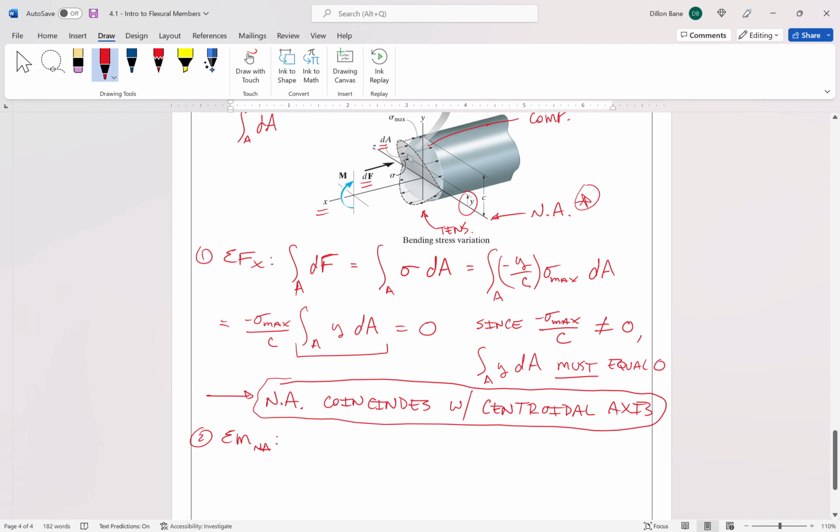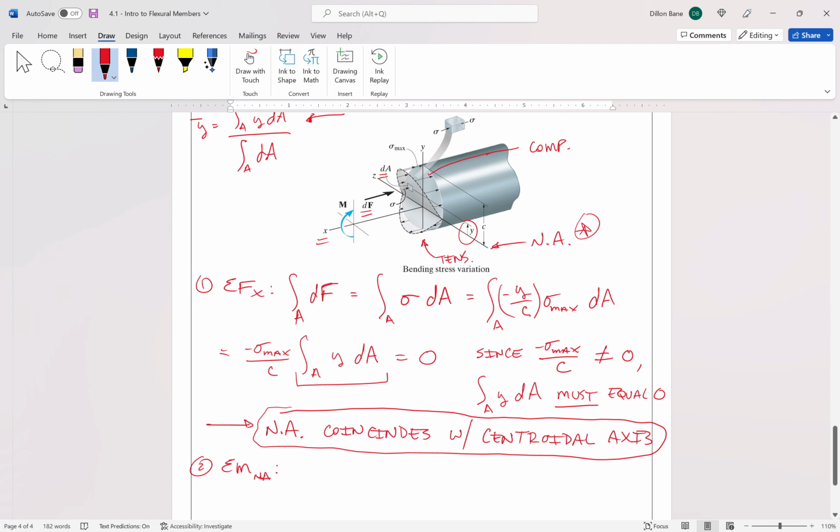And what we have here is the moment created by the stress profile. If you can imagine, the stress above the neutral axis is compressive stress, right? And it's pointing in the negative x direction. And below the neutral axis, we have a tensile stress, and it's creating forces in the positive x direction. If we were to take the moment from the entire stress profile itself, you will see, hopefully, that the stress profile creates, on paper right here, what I would consider to be a clockwise rotation about the z-axis, right?